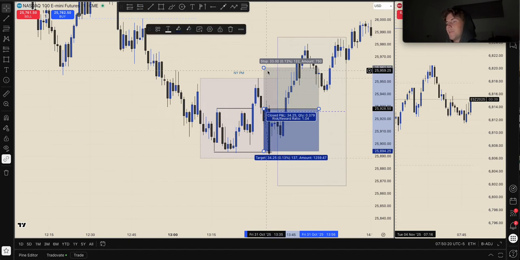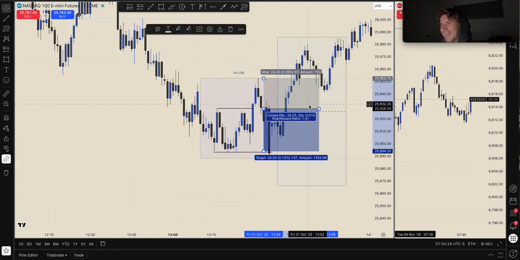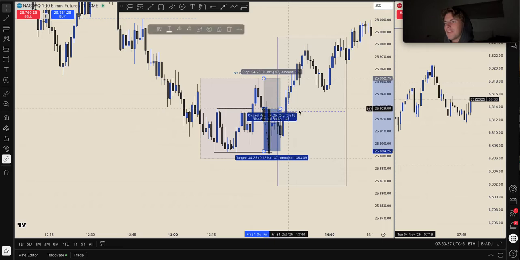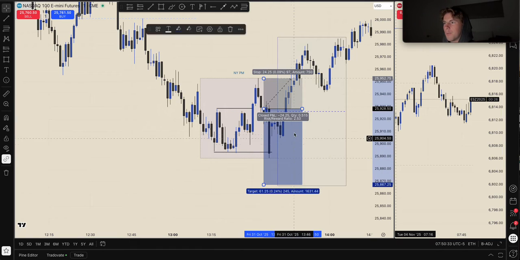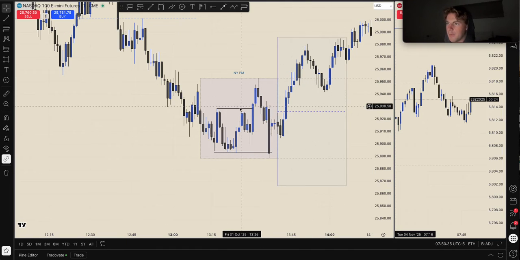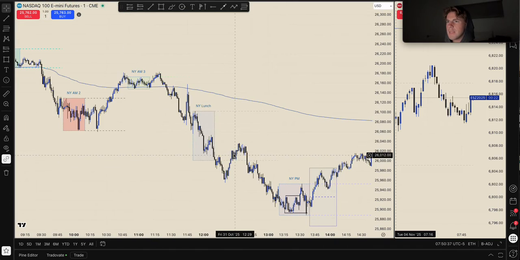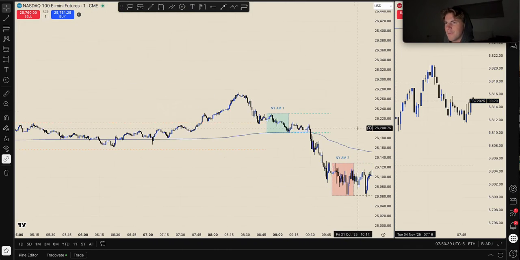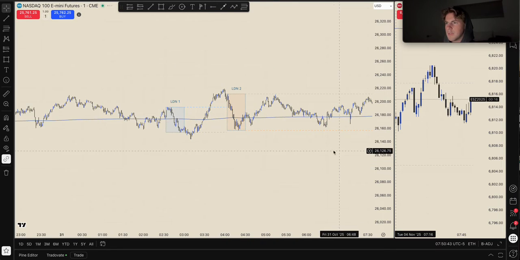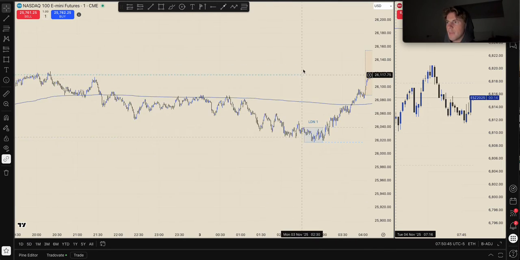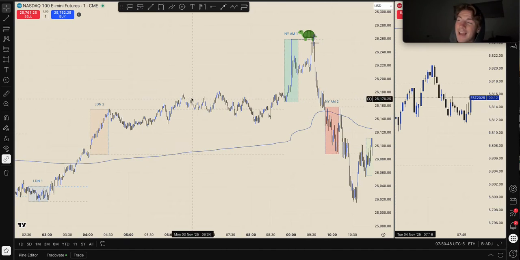It actually would have played out, but you can get cooked very easily, especially if you were aiming for a lot more. Anyway, I don't use liquidity sweeps as much.